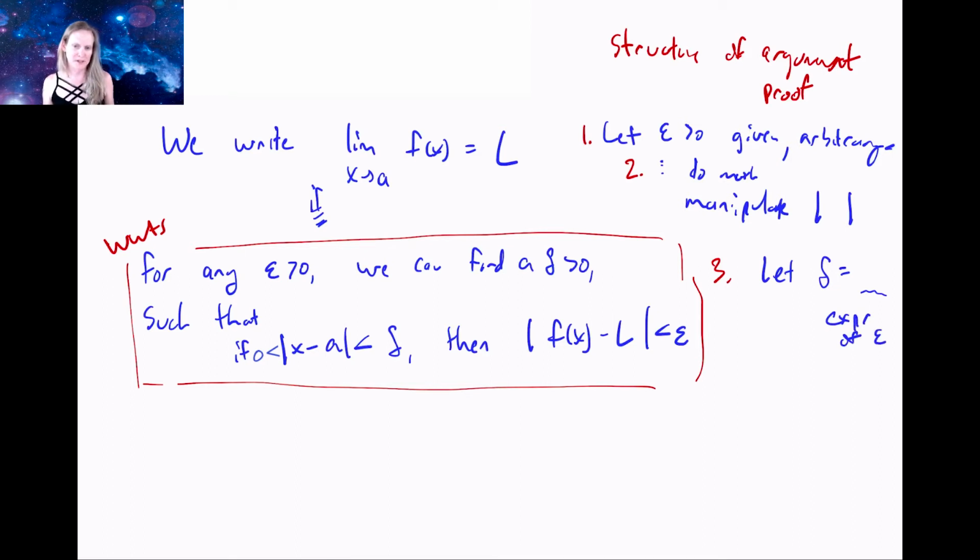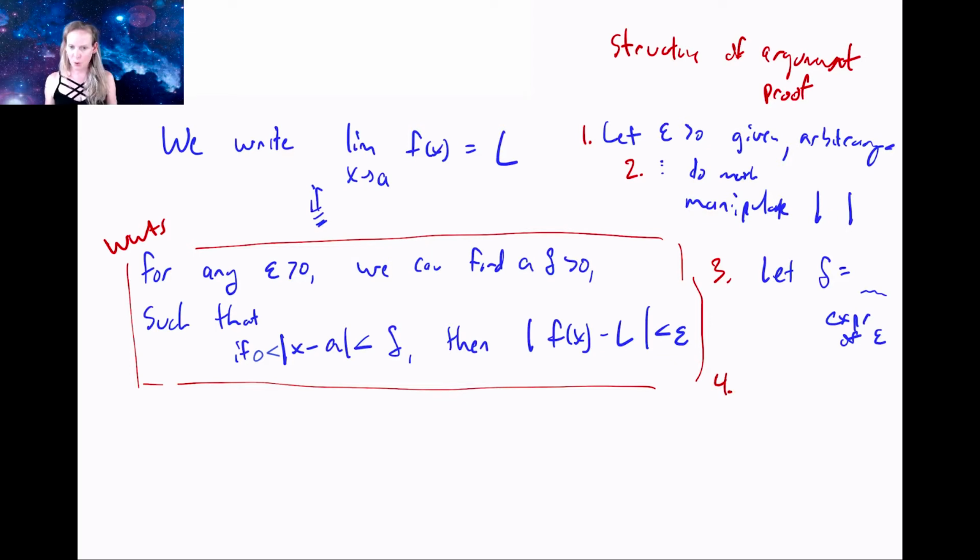Usually delta depends on epsilon. And that makes sense because if you want to be within 0.1, you choose some distance delta, and to be within 0.01, you would choose a smaller delta. So if you want to be tighter in function value, you need to be tighter in tolerance in terms of our x's, how far away from A we're allowed to be. So it makes sense that delta should depend on epsilon.